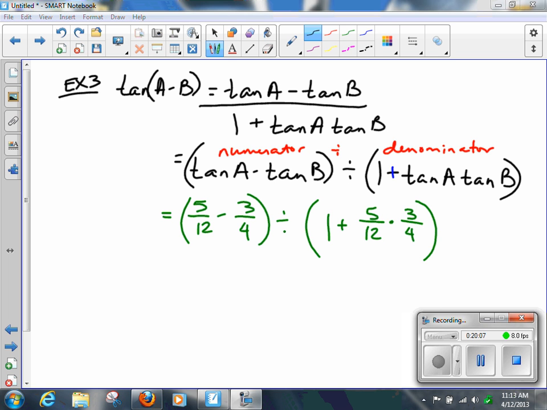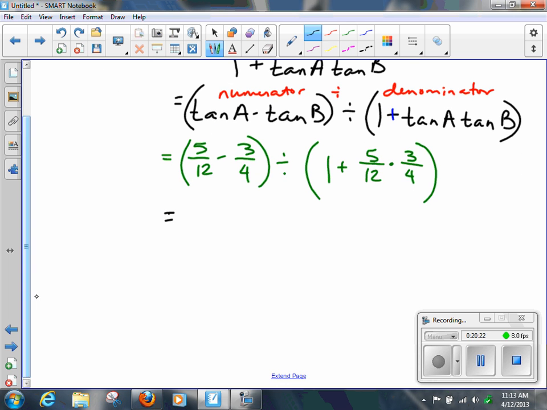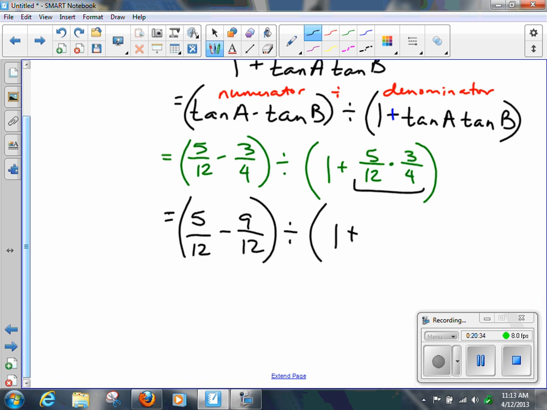So let's check this out. Folks, when you have addition or subtraction of fractions, unless you're using your calculator, which you don't need, and by the way, you can't use on Monday, remember you got to have like denominators. 4 goes into 12 3 times. 3 times 3 is 9. 1 plus, follow order of operations, 5/12 times 3/4 is 15/48, and I'm not reducing here.